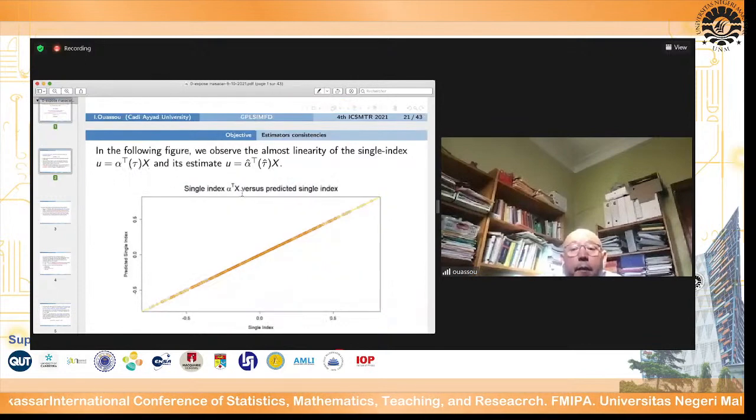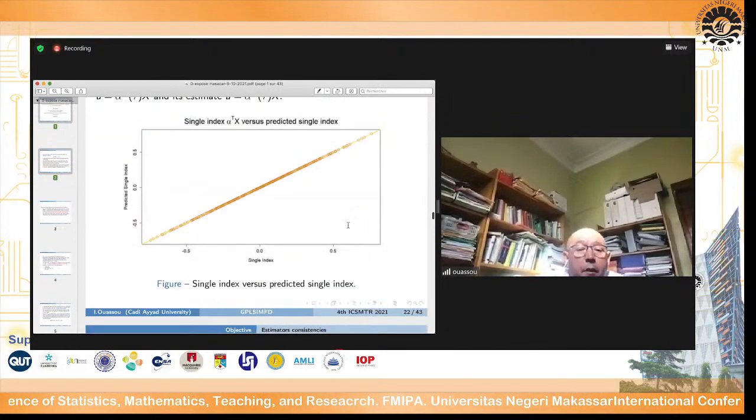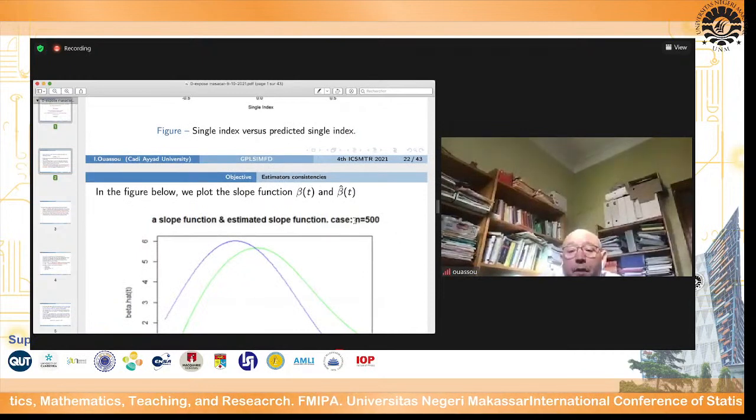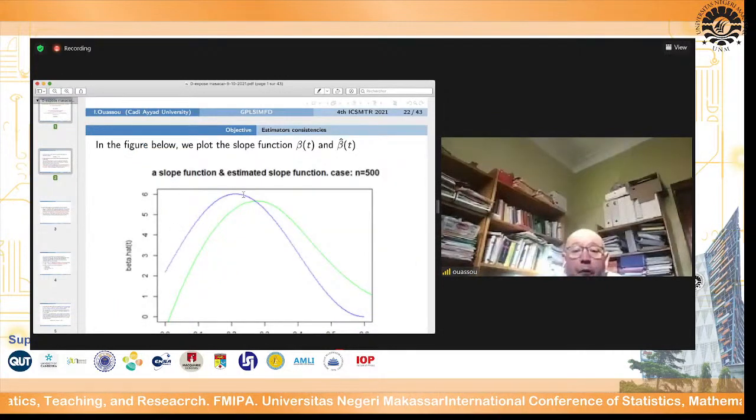The single index, you see here, is alpha transposed X, predicted single index, as in the form. And we give the slope function and the estimated function for n equal to 500, and here we have an estimated slope function. It's for the same function. Now we give the eta function and the estimated eta function. For red, you have the eta function.